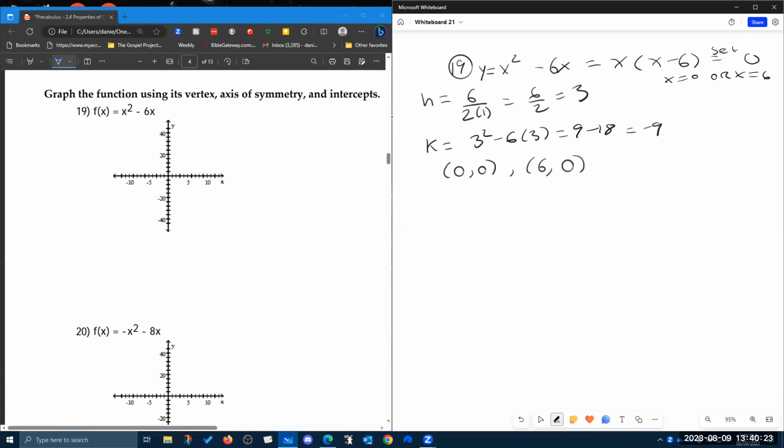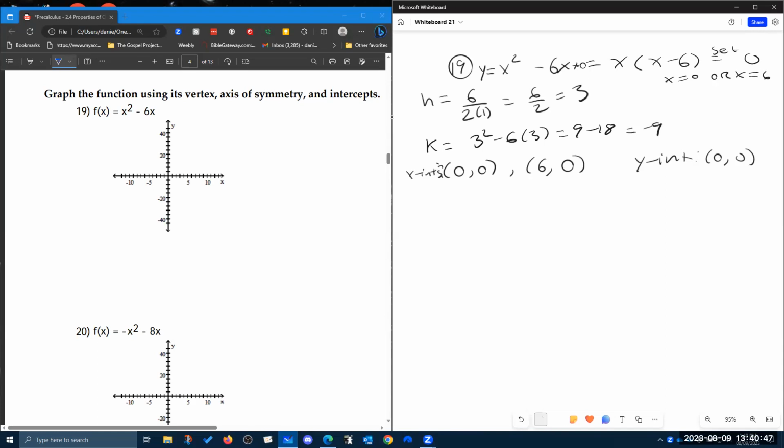I'm also going to have a y-intercept at (0, 0). If I let x be equal to 0, the constant here is 0, so that gives me 0 for my y-intercept.